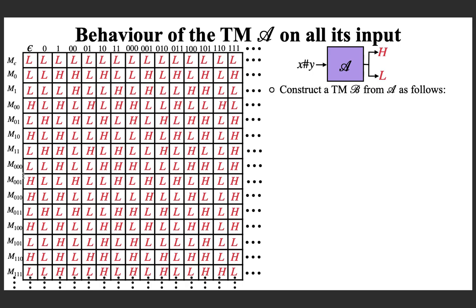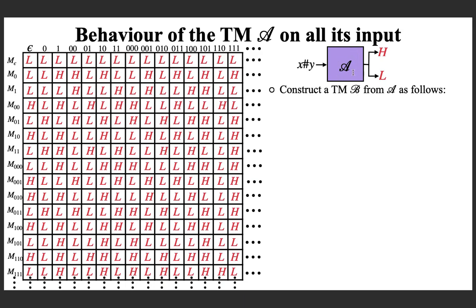So definitely, given an Mx and any input string y, it will either say H or L, and that is why every entry in the table is either H or L. It doesn't matter what it is, L or H. Randomly I have given some values. Now I am going to construct another Turing machine B from this A.